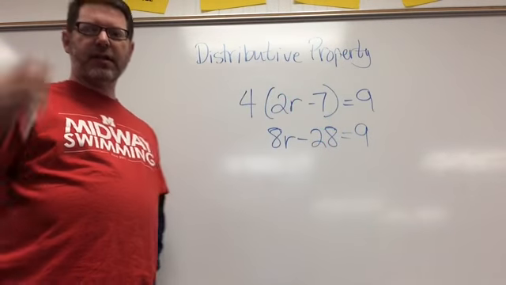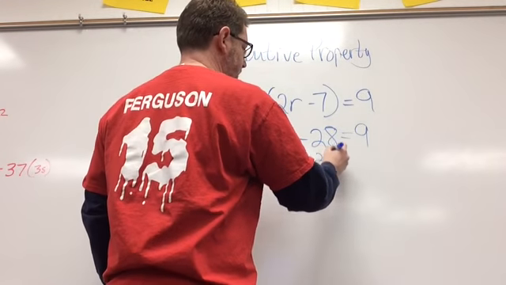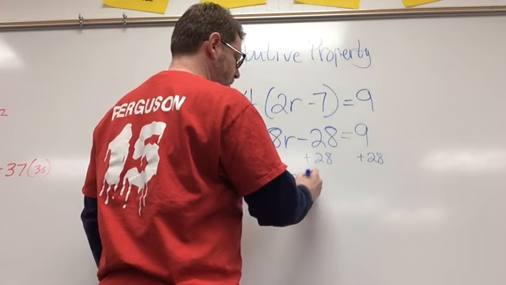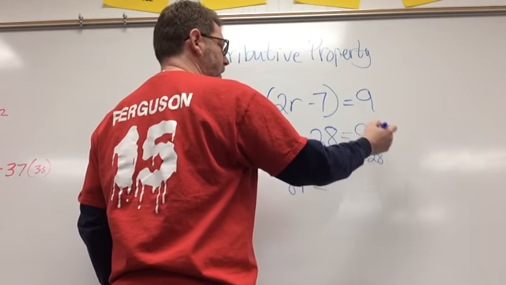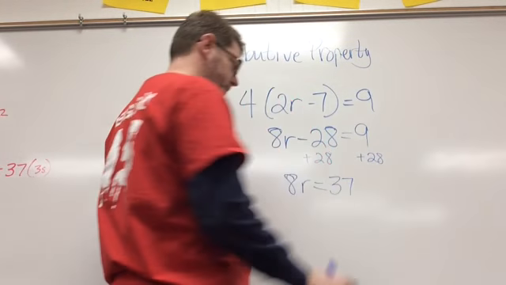Now I'm going to solve it just like I solved the two-step equation. First, I'm going to add 28 to both sides, and I have 8r equals 9 plus 28, which is 37.